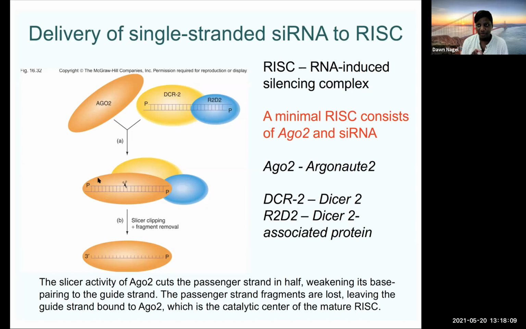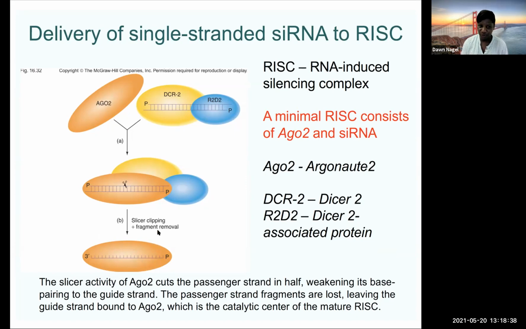They bind to the double-stranded siRNA that's initially made and help to remove one of those strands, by getting rid of it. And then what's left in the end is this Argonaute-2 protein with this siRNA that serves as the guide to find the target mRNA, form that hybrid, and destroy it, okay?